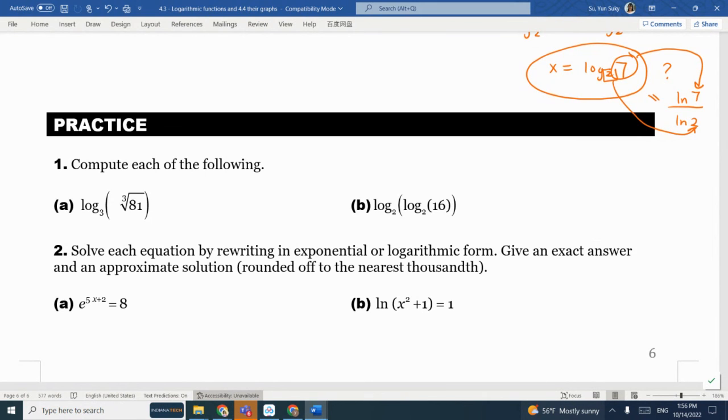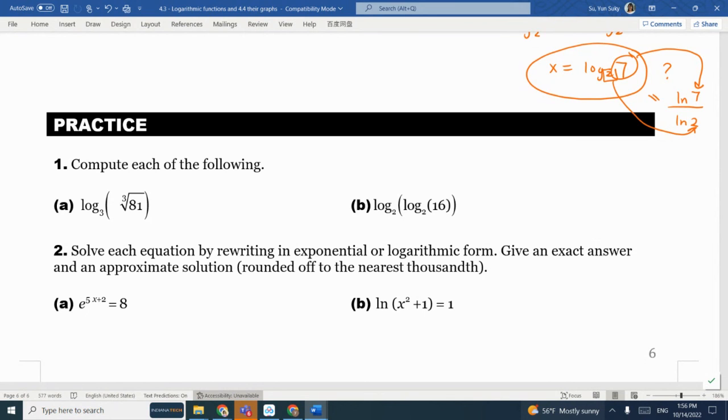And then there are 3 steps. Basically, 2 methods, you can use both. So right now it's 3 to the 4 to the power of 1/3, because 81 is equal to 3 to the 4.